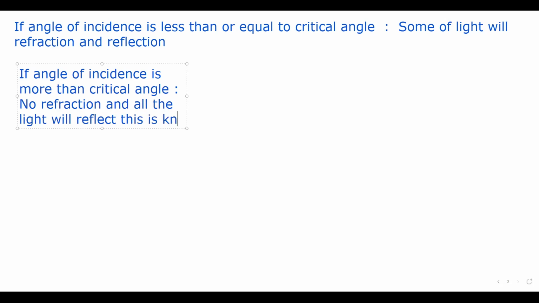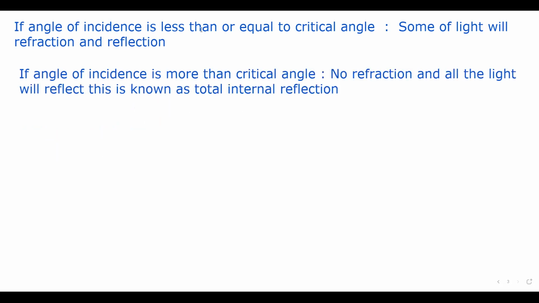This is known as total internal reflection. So total internal reflection happens when the angle of incidence is more than the critical angle.